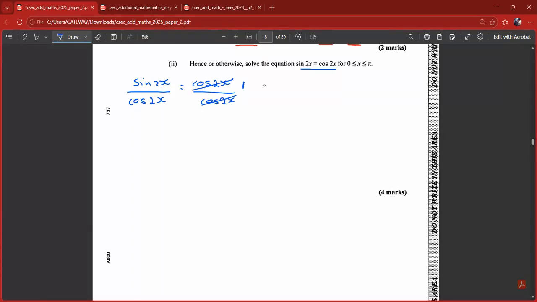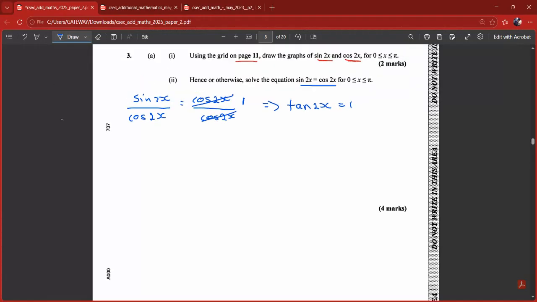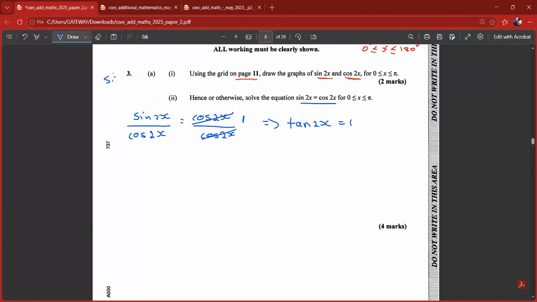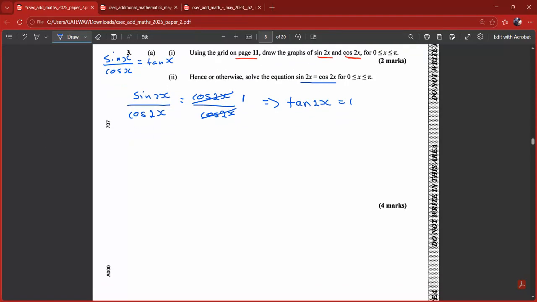Now sine 2x divided by cosine 2x will give you tan 2x, and therefore that will be equal to 1. Because we know the identity sine of x all over cosine of x is equal to tan of x. So you can apply the same principle there. So you have tan of 2x is equal to 1.